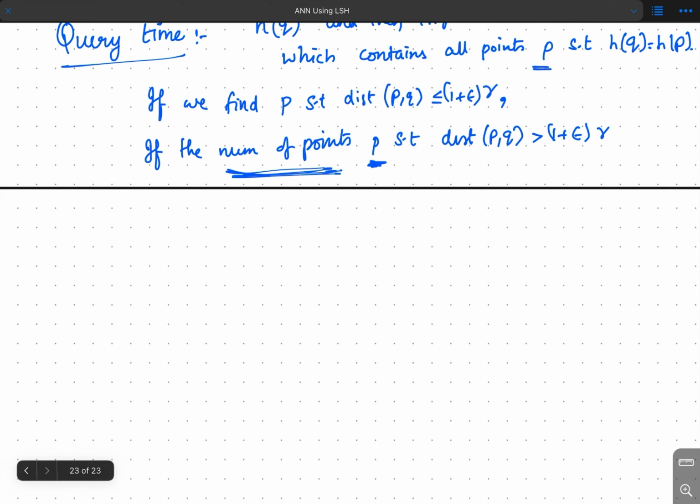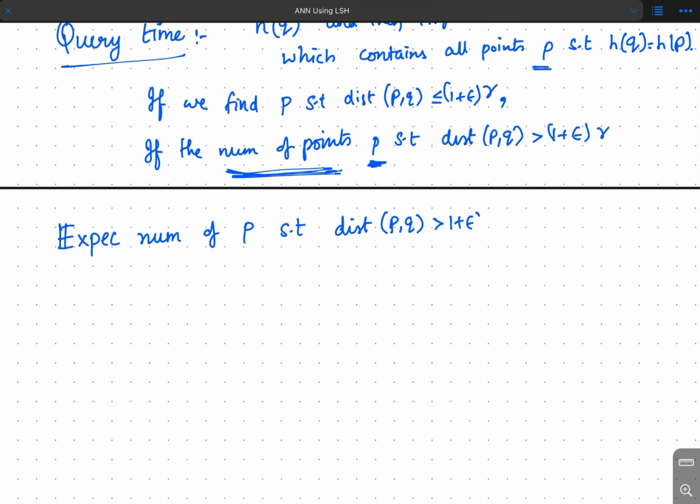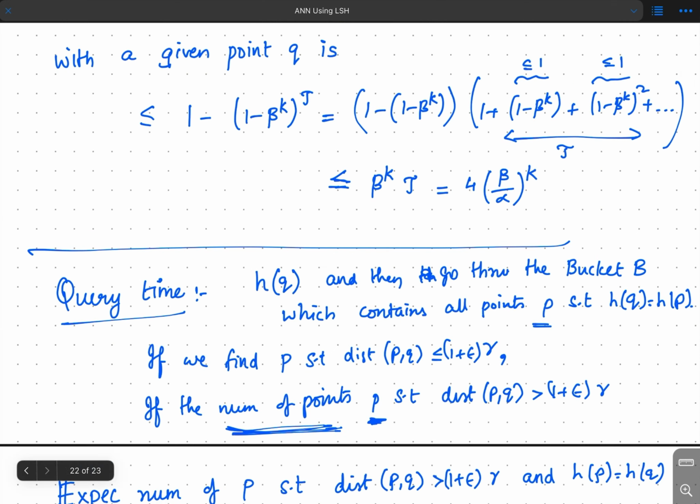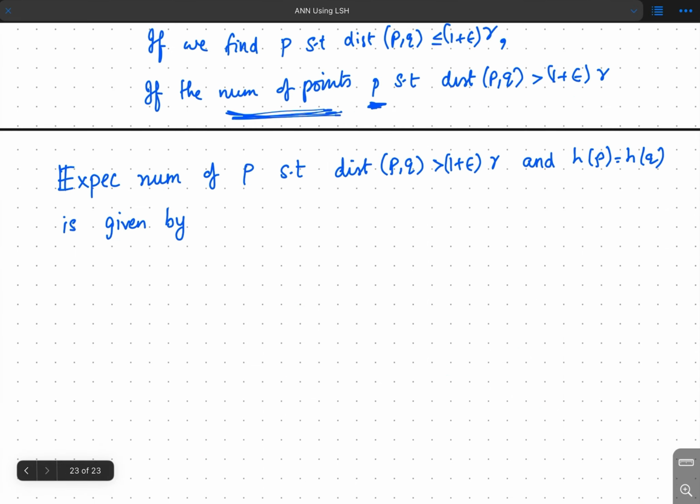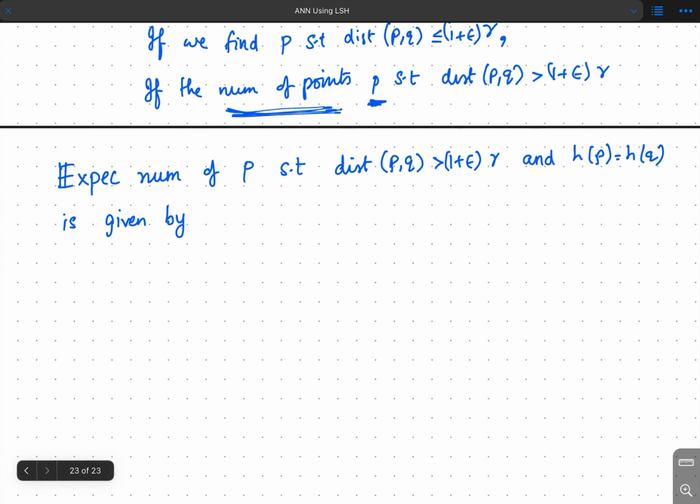So the expected number of P such that the distance of P comma Q is greater than 1 plus epsilon times r, and h of P is equal to h of Q, is given by the probability that they collide, so 4n times (beta by alpha) whole power k.